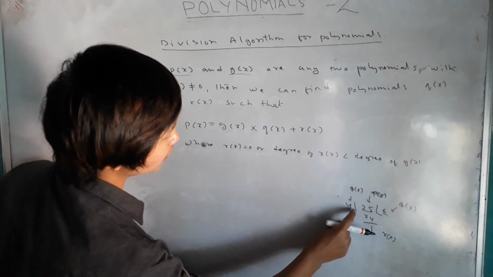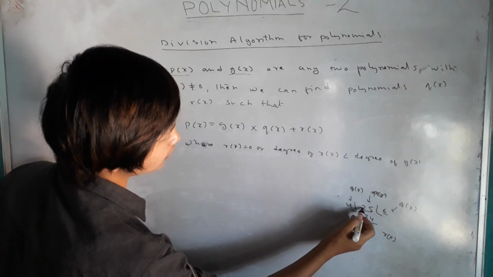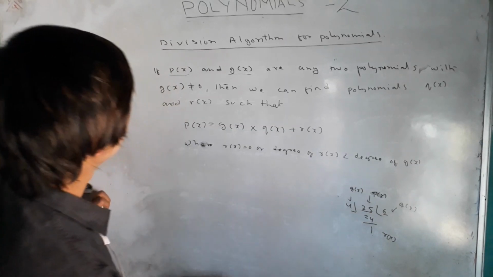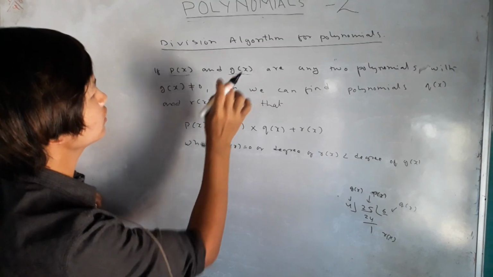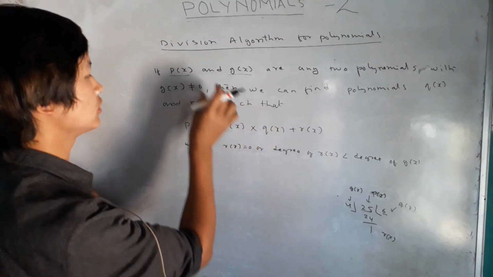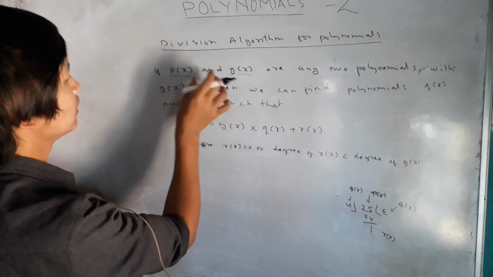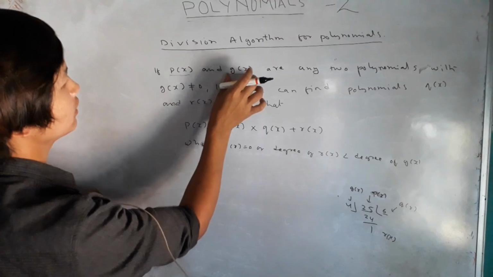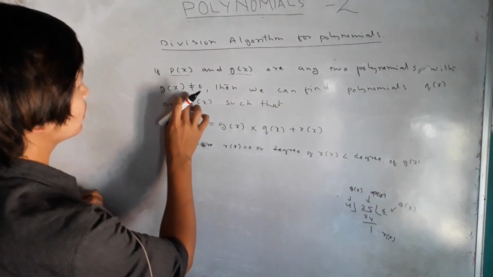Here the dividend must be greater than the divisor. It is always given in the question: two polynomials, and we need to divide p(x) by g(x), with g(x) not equal to 0.